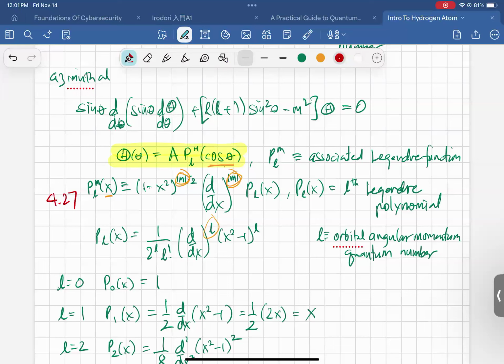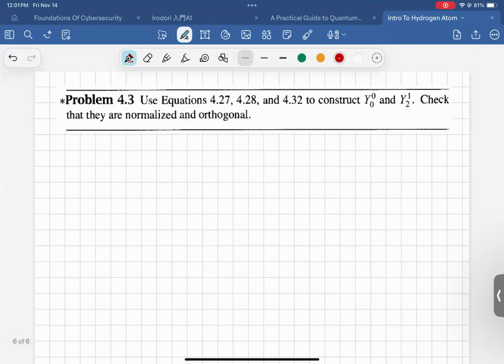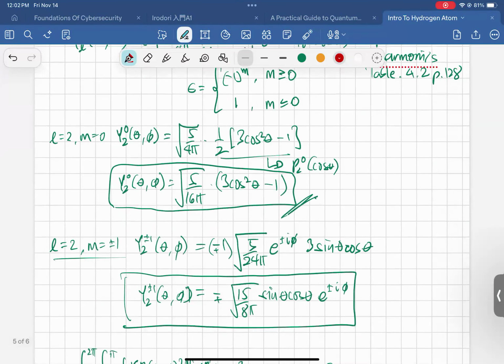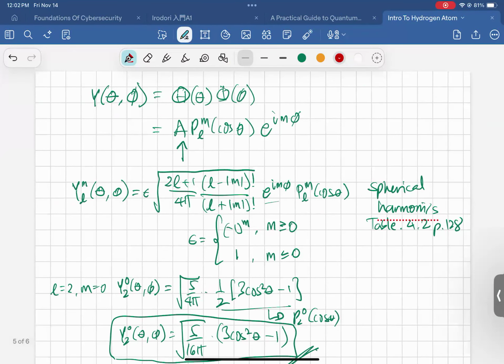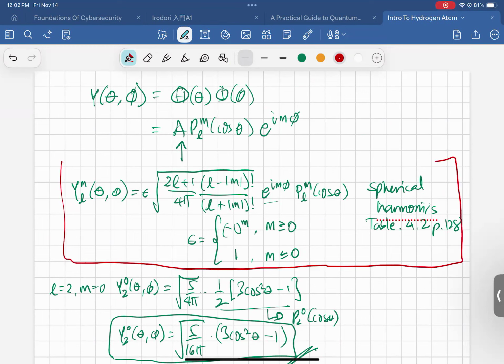Ito naman yung equation 4.28. Next is 4.32, yung full solution. Spherical harmonics, so this is equation 4.30.